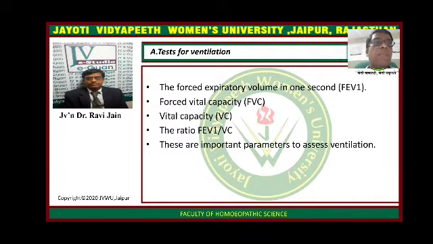The forced expiratory volume in the first second is known as FEV1. The forced vital capacity is represented by FVC. Vital capacity will be denoted by VC, and the ratio of FEV1 divided by vital capacity will be talked about. These are very important parameters to assess the ventilatory function.